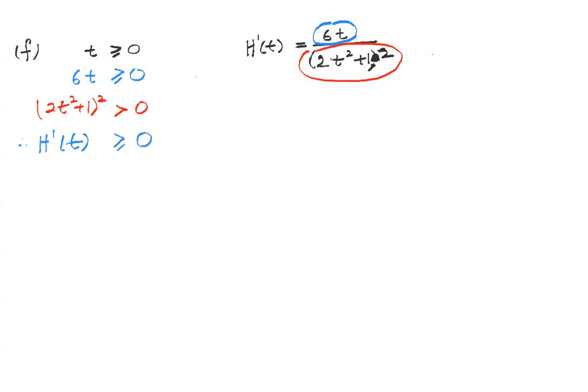So what is the significance if the rate is always positive? Can you tell me? Does it mean that the tree is continuously going upward? Yes, you are right. The rate of growth is always positive.